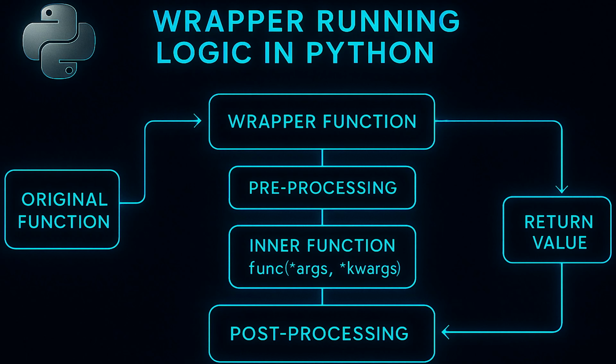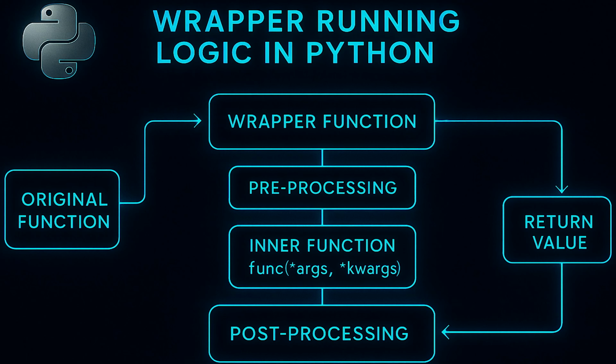Let's break down how a wrapper function works in Python. Everything begins with the original function we want to enhance. When we apply a decorator, Python actually wraps that function with another called the wrapper function. As soon as this wrapper runs, it can perform pre-processing steps like logging or checking inputs.